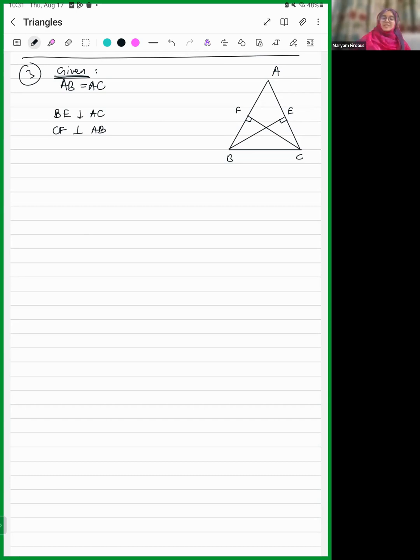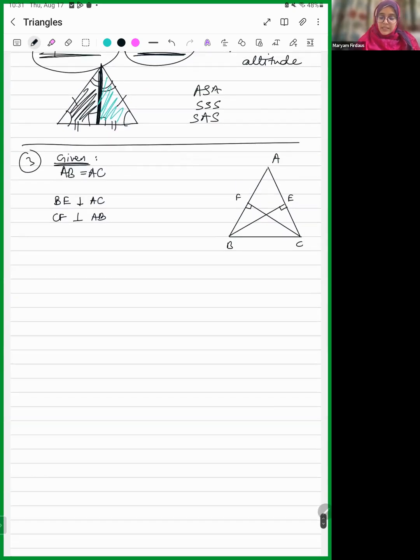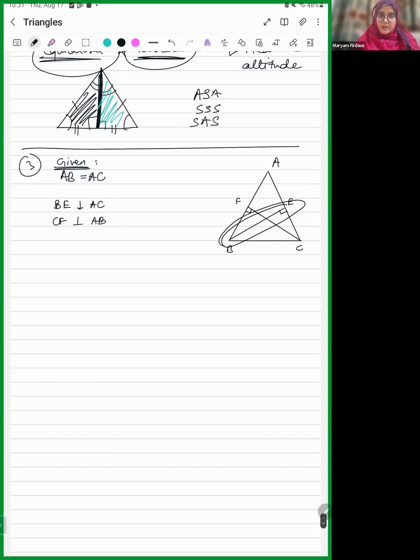My question is, we discussed that in equilateral and isosceles triangles, I gave a very general and misleading statement that the median becomes the altitude. So does that mean that this BE over here is a median of this triangle?